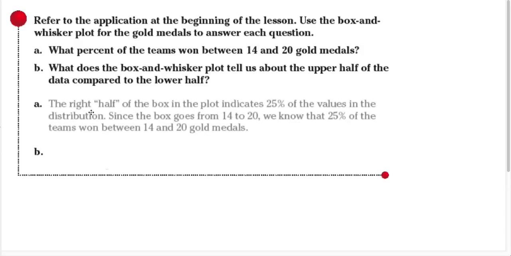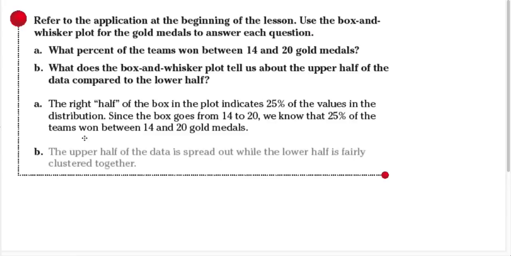Let's answer number 8. Since the right half of the box in the plot indicates 25% of the values in the distribution, and since the box goes from 14 to 20, we know that 25% of the teams won between 14 and 20 gold medals. Remember, each quartile represents 25% of the data.